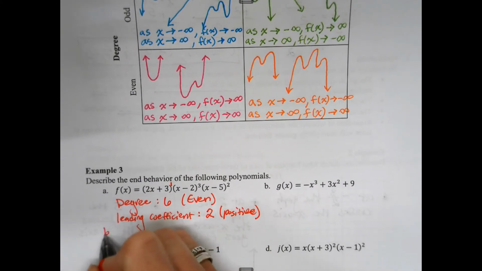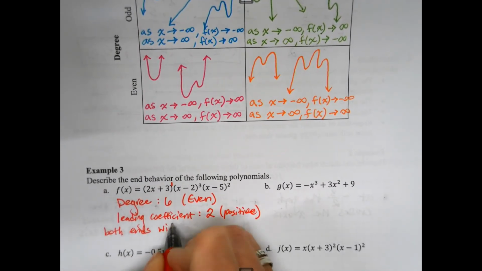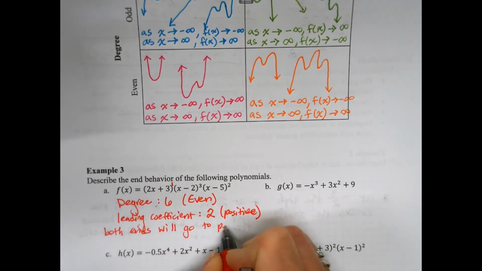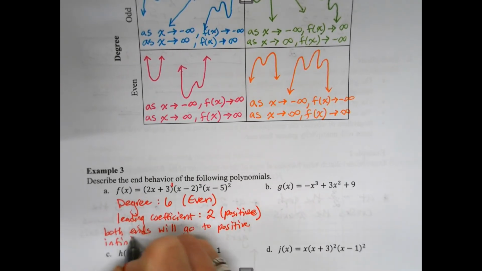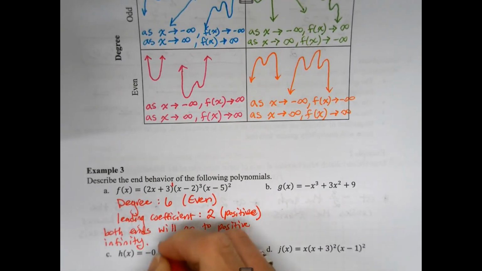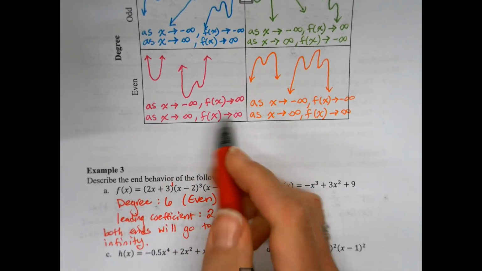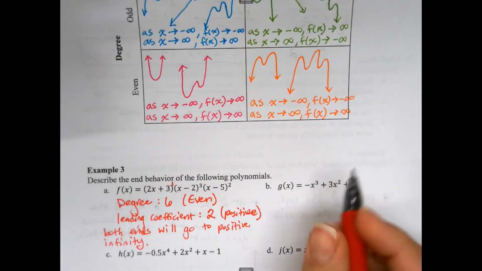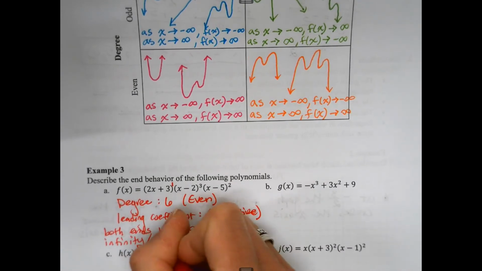So both ends will go to positive infinity. Or you can even write down as x goes to negative infinity, f of x will go to positive infinity. You could say both ends go up.